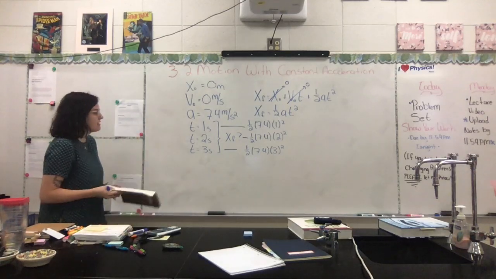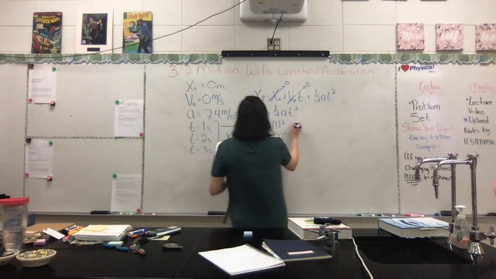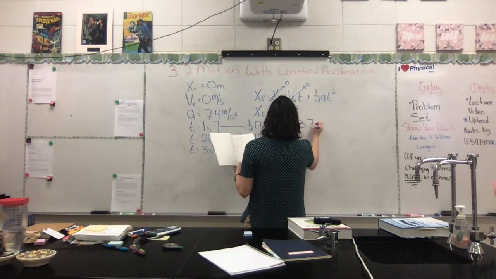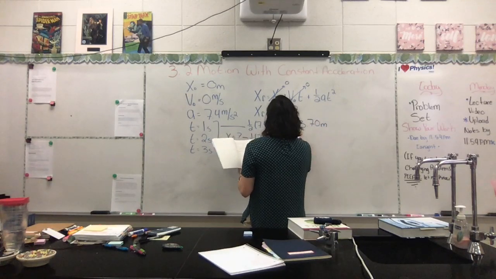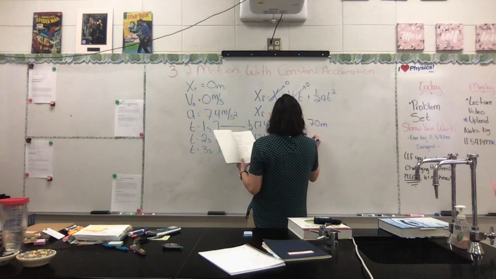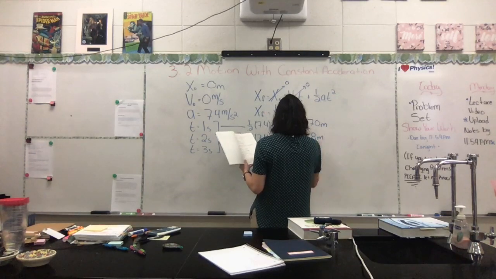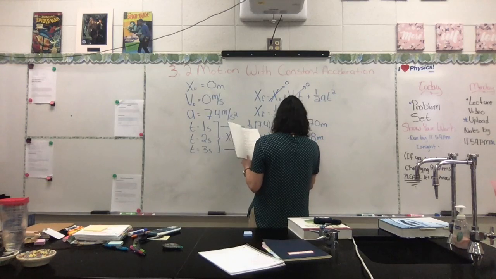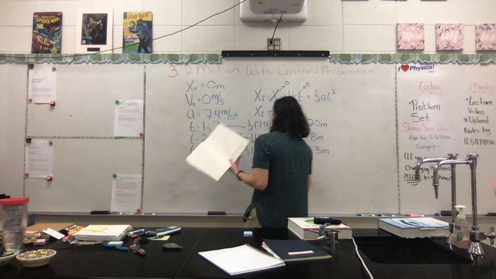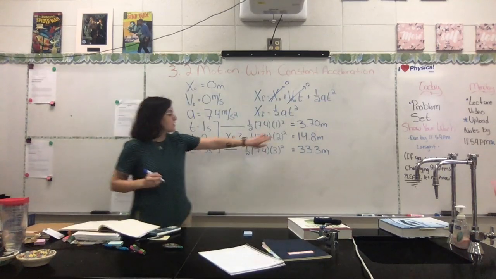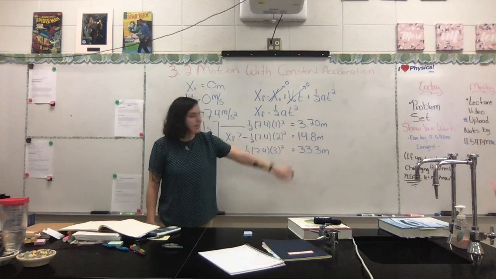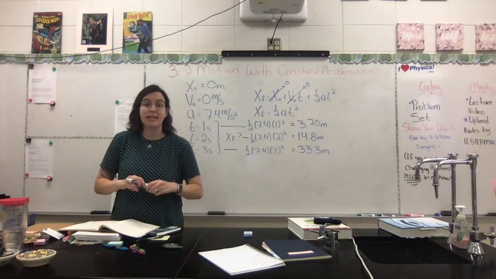So if you take a moment to type those in, you should get that at 1 second, we are at position 3.70 meters. At 2 seconds, we are at position 14.8 meters. And at 3 seconds, we are at position 33.3 meters, okay? So at 1 second, 3.70 meters, then 14.8 meters, and then 33.3 meters.